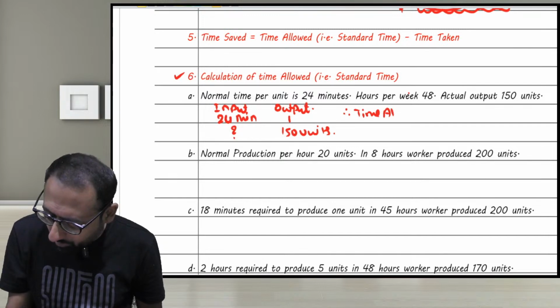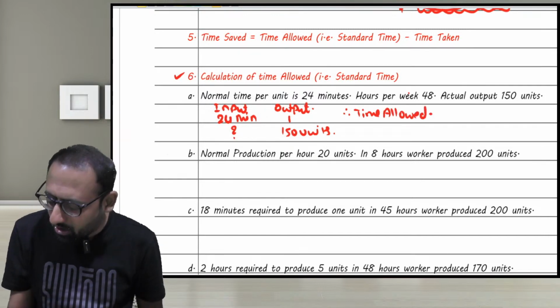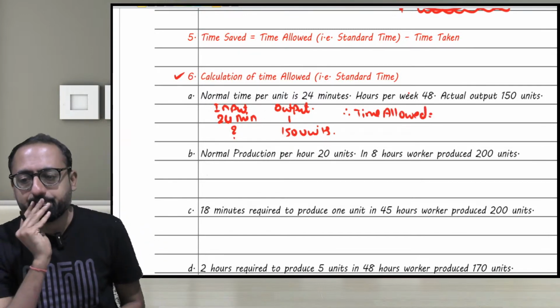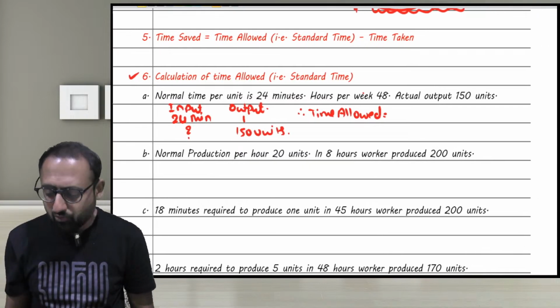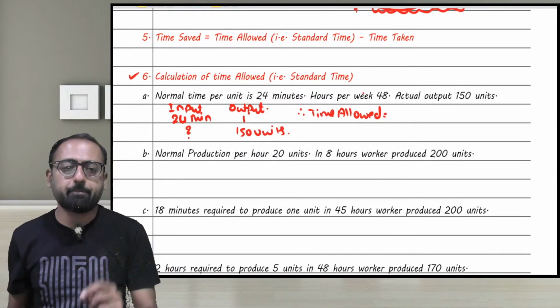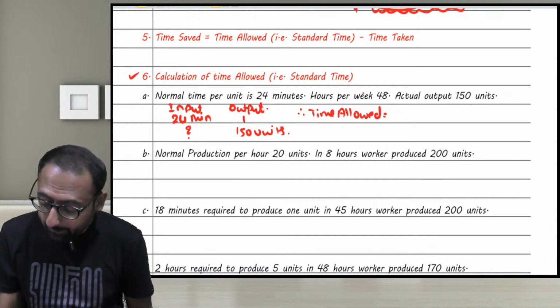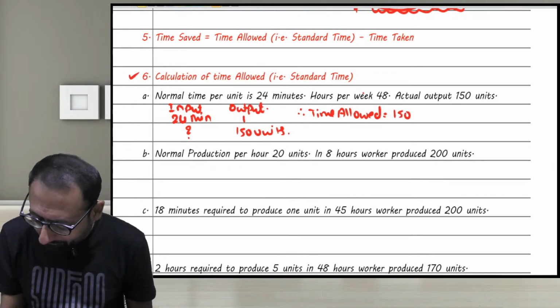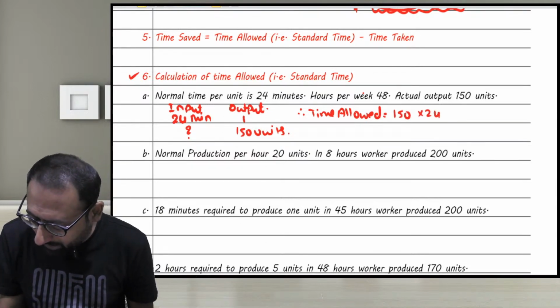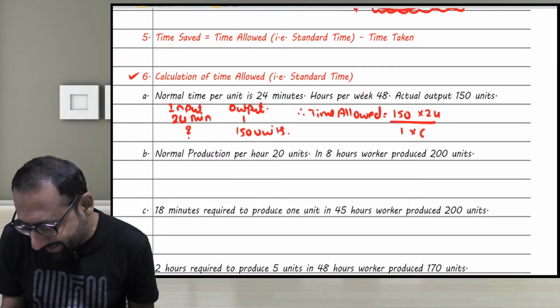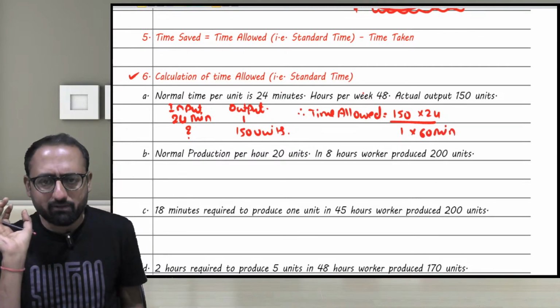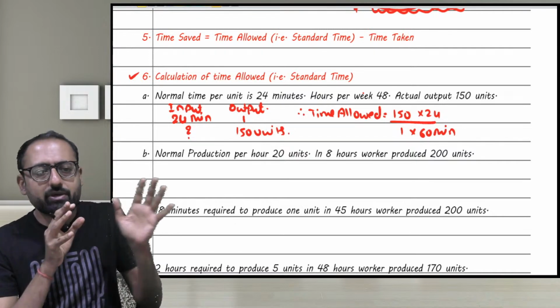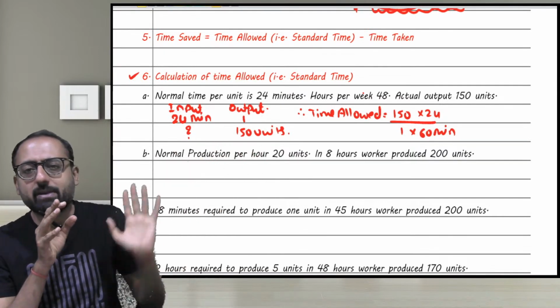Therefore, cross multiplication will be there. If you have taken a printout of these notes, time allowed will be 150 units multiplied by 24 minutes, divided by 1, divided by 60 minutes, because minutes will be converted into hours. For that purpose, we have divided by 60 minutes.